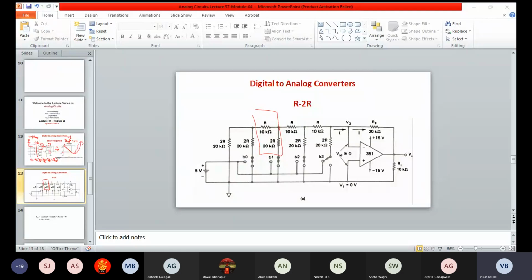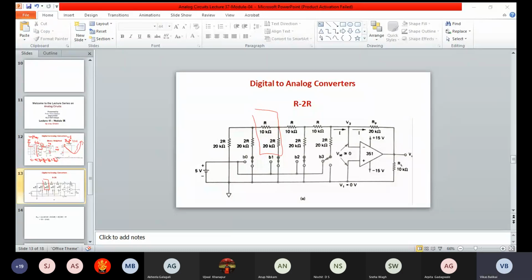So this R is there. Let's just see whether this is in series or parallel with any other network. So what I have written as R is in series with 2R over here. That in turn is in parallel with what? This R. Look here.